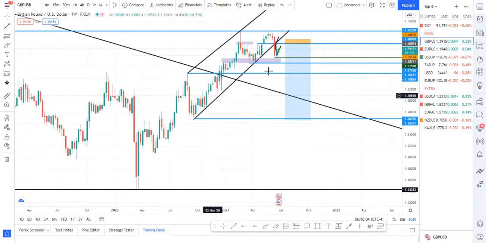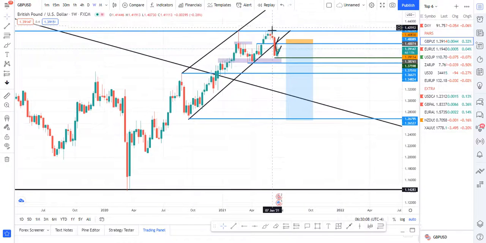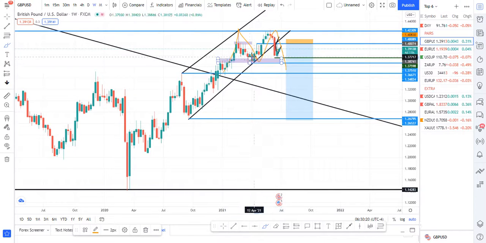As we zoom in, price came back again here for a third touch, and it rejected the zone, and looks like now it's going to come back. We could say this is a double top, and we want the price to come to here, if not fill up this whole channel 90%.